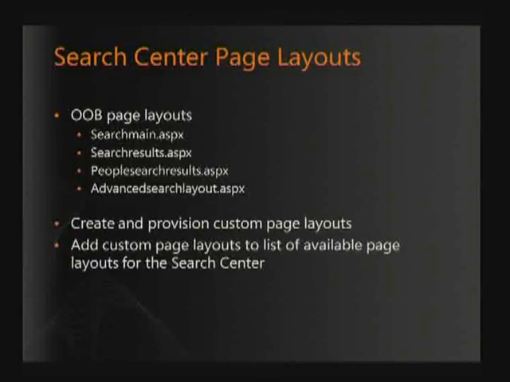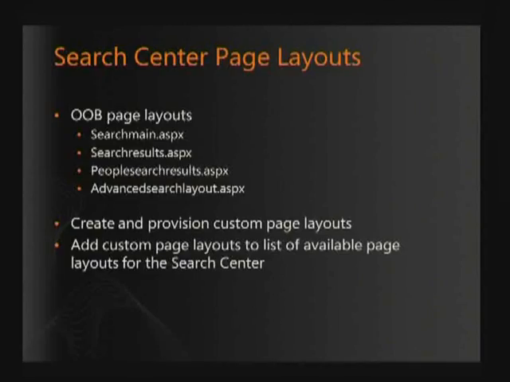Now, if you look at the Search Center, I'm going to talk now about the Search Center with tabs, where we have the publishing infrastructure that is going to be used. What you will see is that there are a number of what we call page layouts that define what kind of pages are part of that Search Center. And out of the box, you get the search main.aspx, the search results, people search result, and advanced search layout.